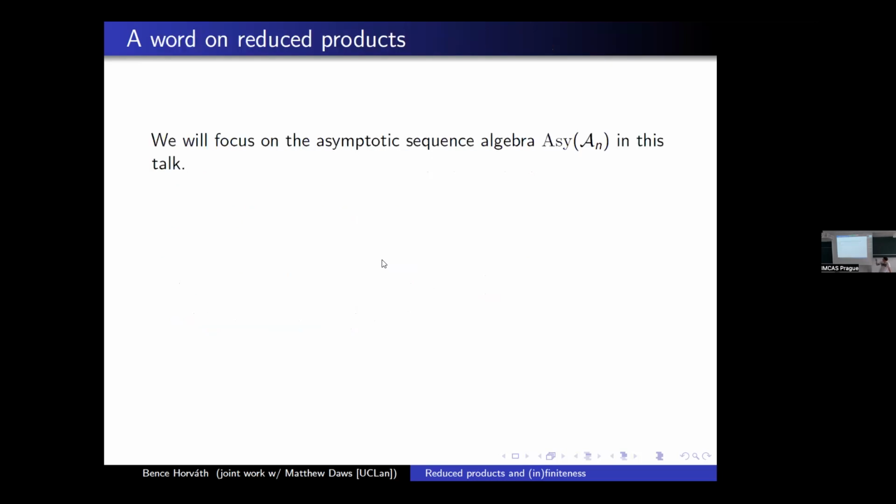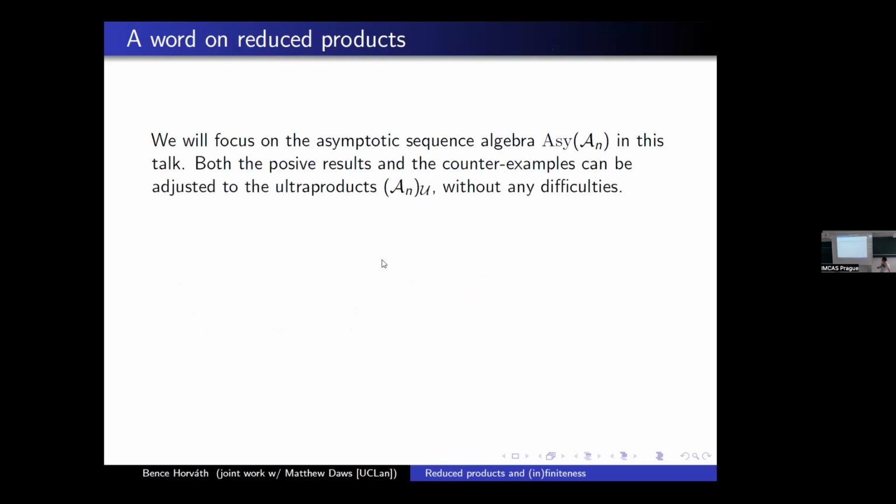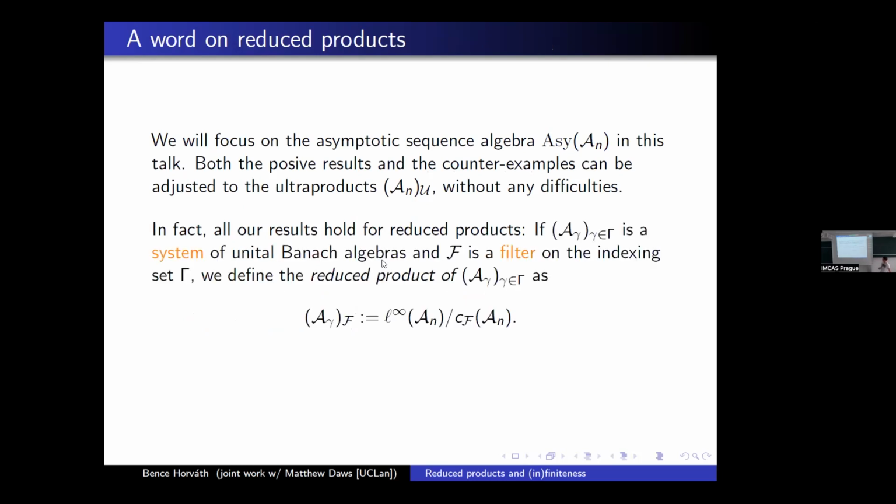As I said, everything in this talk will be about the asymptotic sequence algebra. But both the examples and the counterexamples I'm going to present work for both. And if you know stuff about reduced products, all the results that I'm going to say also work for reduced products.